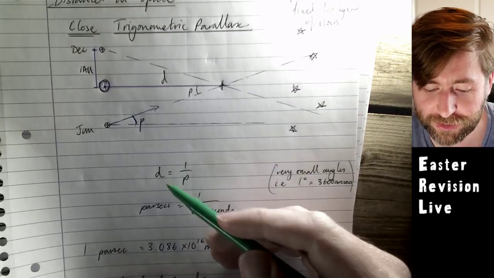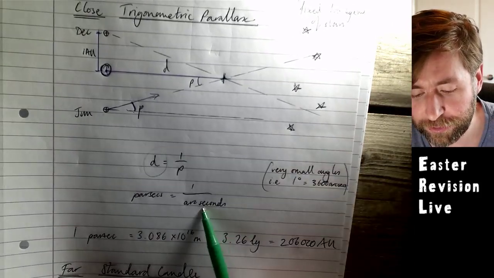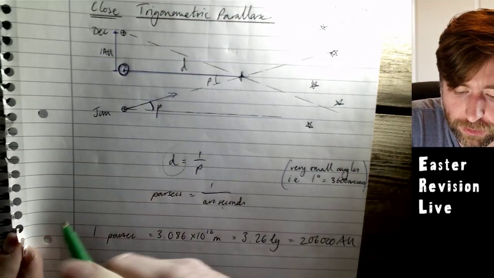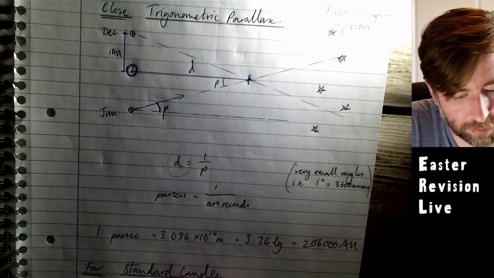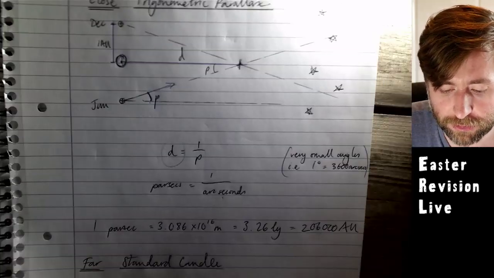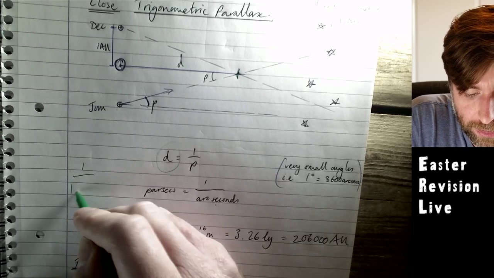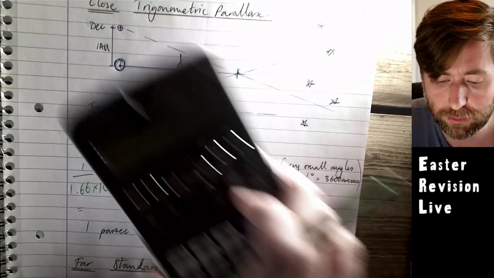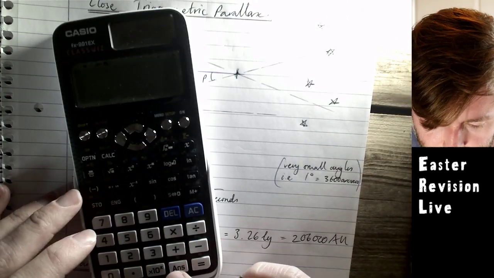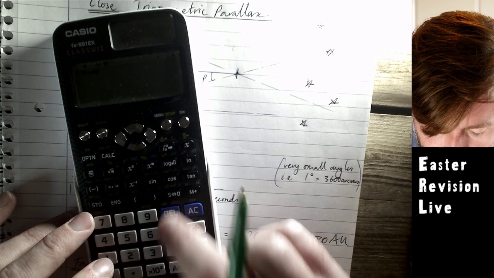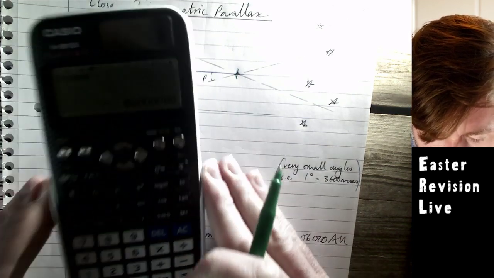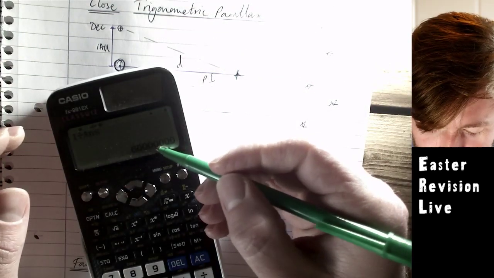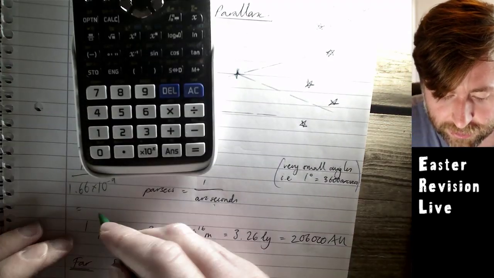The distance from Earth, if you like, is 1 over the parallax angle in arc seconds. So, what did I get? 1.66 times 10 to the minus 9. 1 over the answer: 6 times 10 to the, well, how many is that? 1, 2, 3, 4, 5, 6, 7. 6 times 10 to the 7 parsecs away.